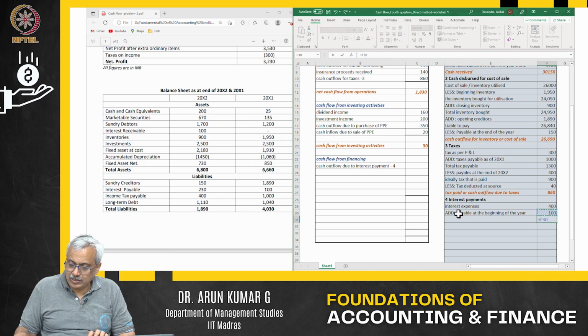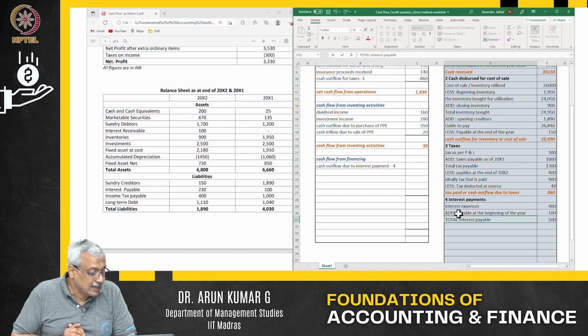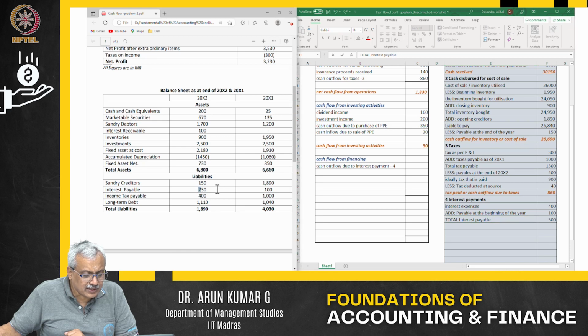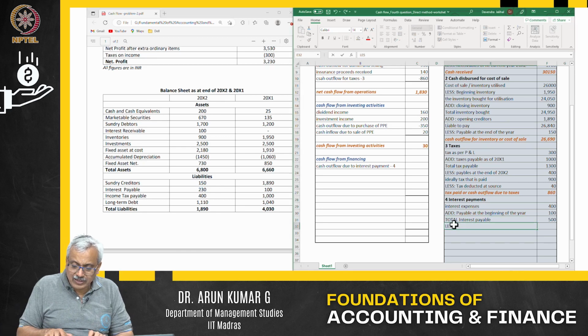The total interest payable is $500. But I see that I am yet to pay $230, so I will reduce it. Yet to pay at the end of the year is $230.